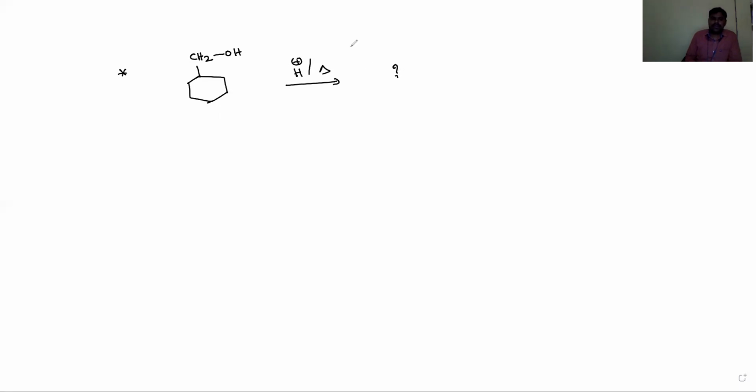If it cleaves, it produces a primary carbocation. Now a tertiary carbon is present, so a hydrogen shift takes place. This hydrogen shifts to here and produces a more stable tertiary carbocation.